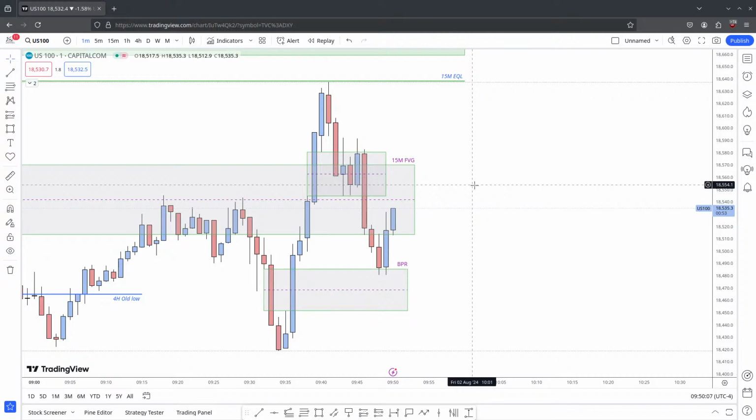Might not have a propulsion move higher, but more times than not, it does have a propulsion move higher. It's really going to come down to preference, whether you are going to want to see that propulsion move or whether you're going to feel comfortable taking that entry that might not have that propulsion move.